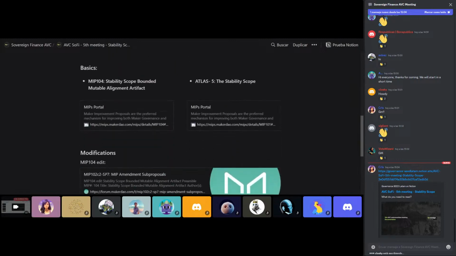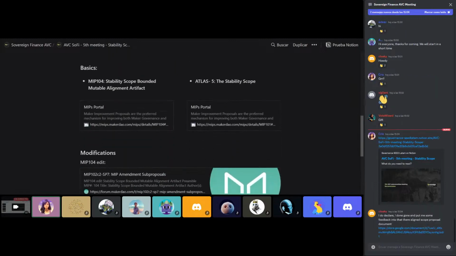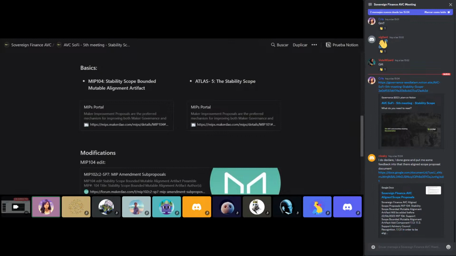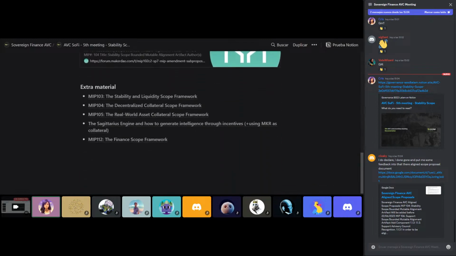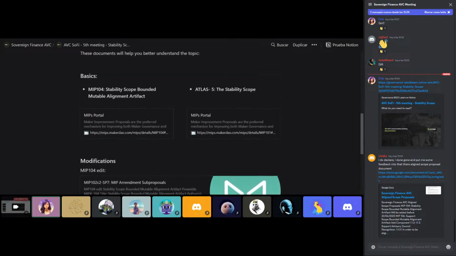And of course the MIP, the Atlas, because something that you need to know is that this presentation and all the talk for today are based on these two tools, the MIP 104 and the Atlas. And of course some extra materials for your further understanding on all of this that is happening.